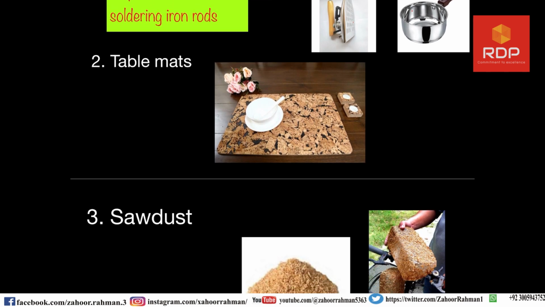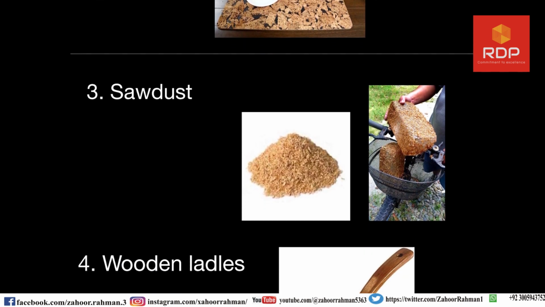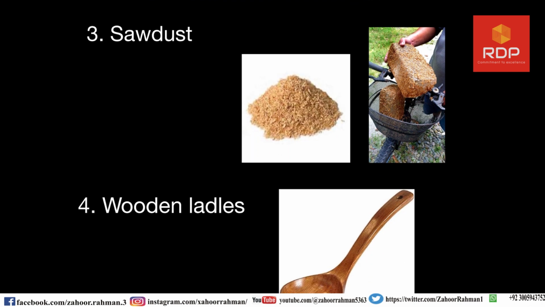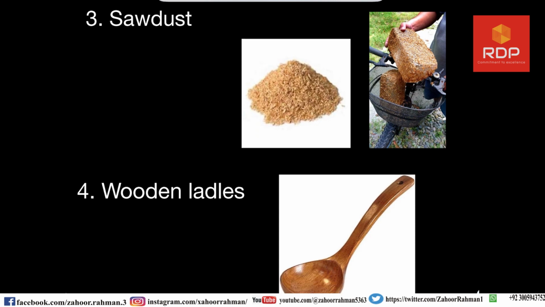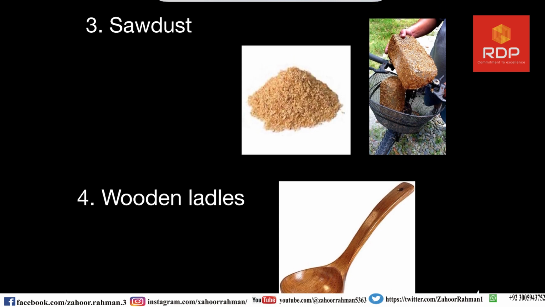Now, in the third case, we are seeing the sawdust. In the older days, and in the modern era too, it is used to cover ice blocks because of its good insulating nature.